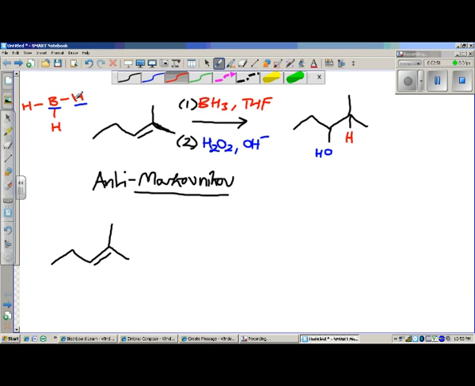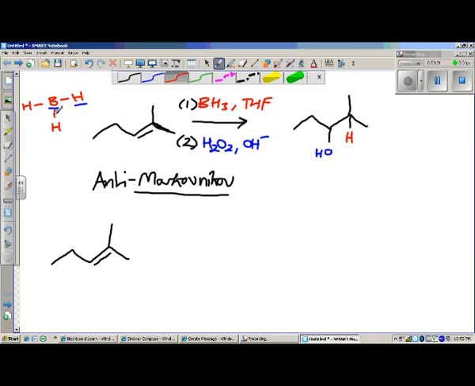So when I bring along my BH3, the boron and this hydrogen in this BH bond are going to line up with this double bond here. The question is, does the boron go here or does the hydrogen go here? Well, because hydrogen is smaller than boron, the hydrogen is going to fit in the area that has less space or the more hindered carbon, and the boron is going to go where there is more space.